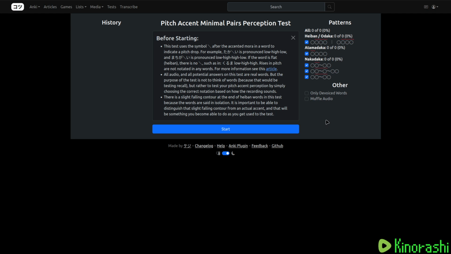Notice how 気が has that nasal sound to it. It's because the ga is being pronounced in a nasal way.